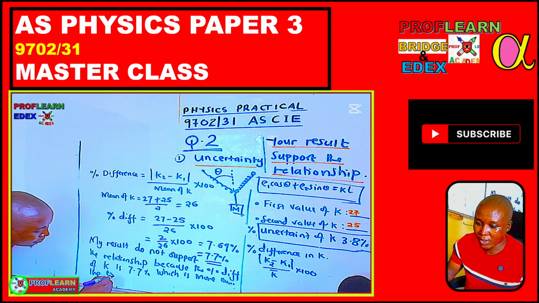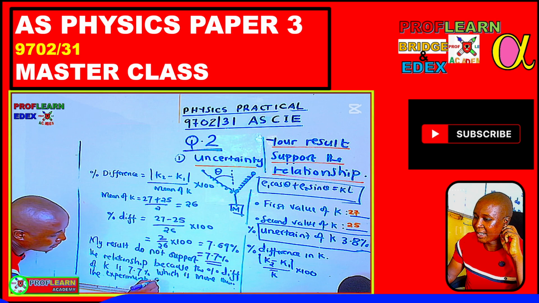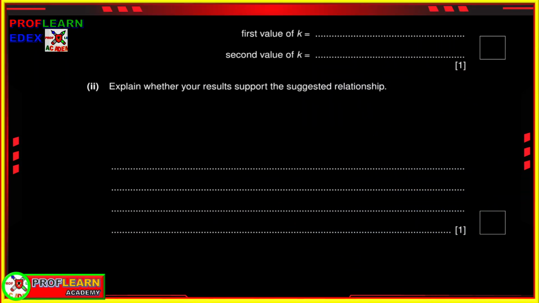Basically, that's what you are supposed to do in such kinds of questions, such scenarios: explain whether your result supports. I can see there is another question looking at me here: using the first and second values, explain whether your results support the relationship.